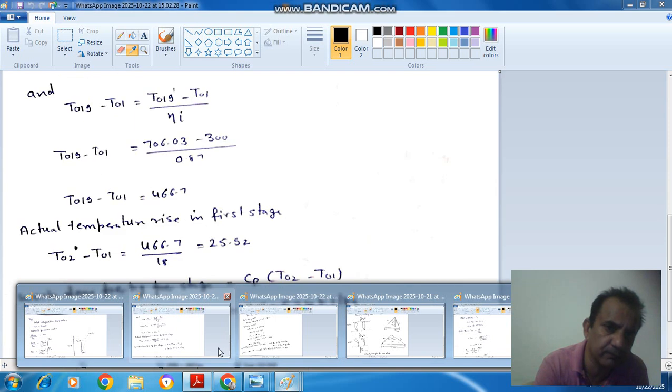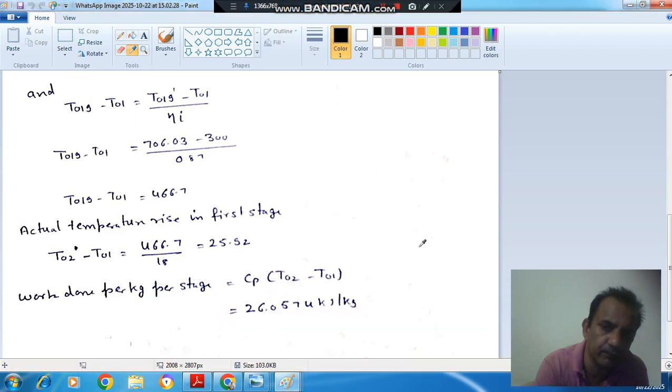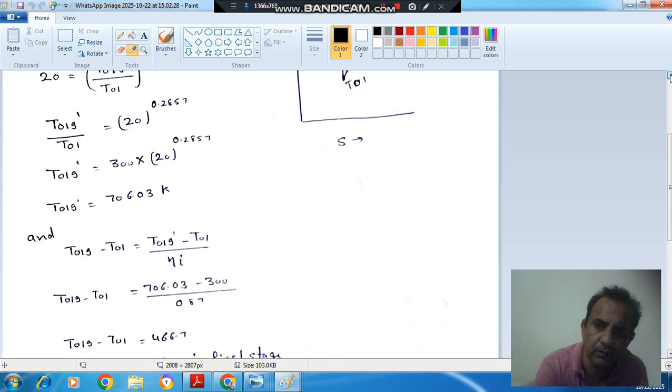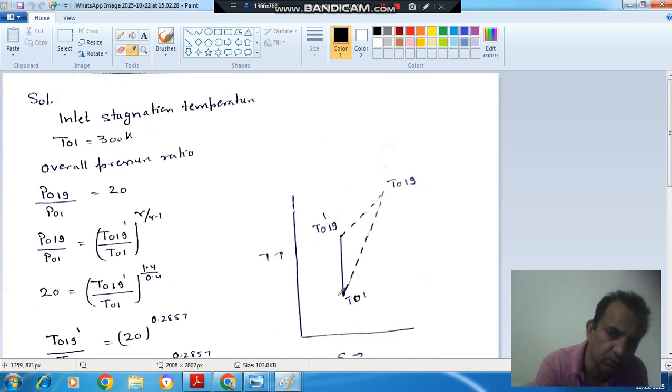So here first we will draw the TS diagram. As there are 18 stages, suppose this is your entry point and this is the exit point, and here the stagnation temperature is T01 and here it is T019. I will draw only the initial and final points because it is difficult to draw 18 stages.